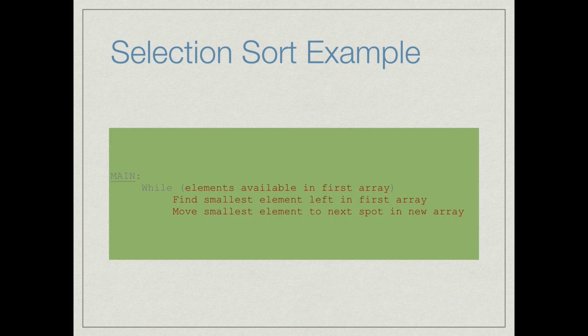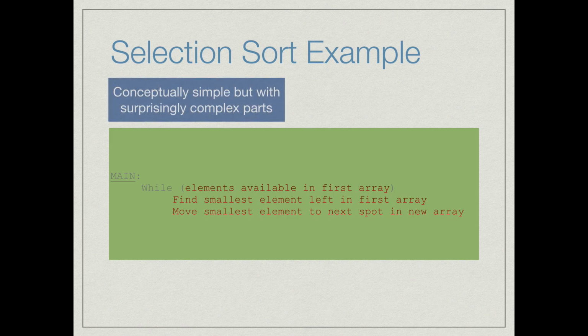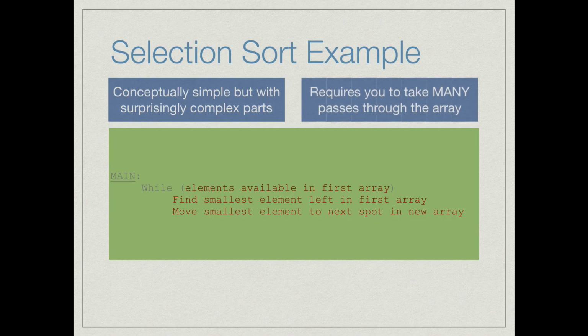Conceptually, very, very simple. But unfortunately, each of these chunks, elements available, find next smallest, move next smallest, can be a little complex. They have many moving parts, and so in and of themselves can be a little tricky. It also, again, requires you to take many passes through the array because you have to deal with each item individually for every iteration.